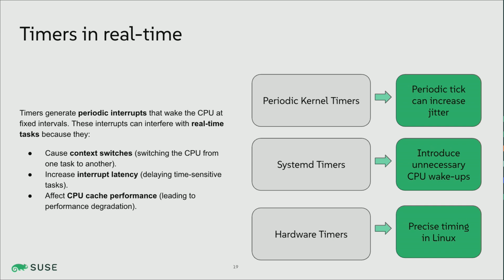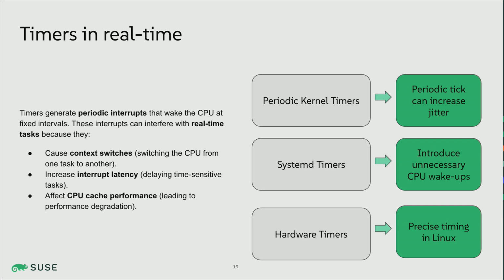So basically what we are doing is dealing with three kinds of timers. The first one is the periodic kernel timer; by design, the kernel is built with these periodic timers. But we also have external timers that give us the possibility to control the system, like systemd timers.